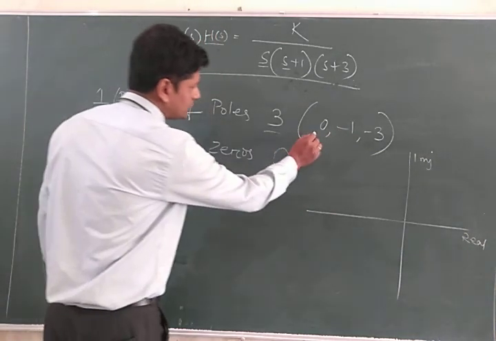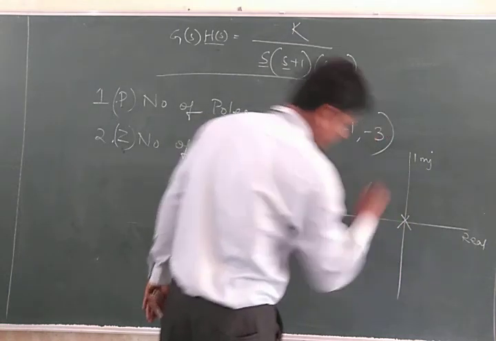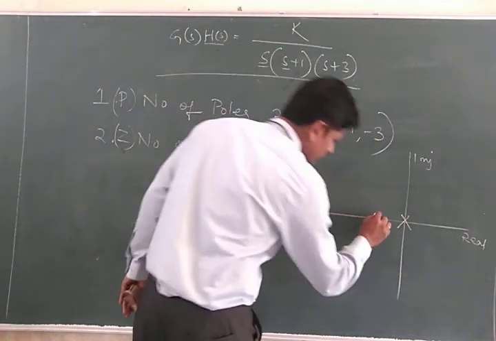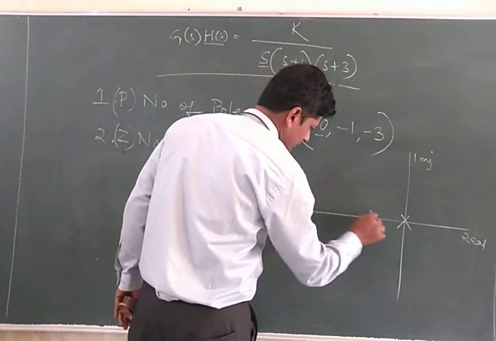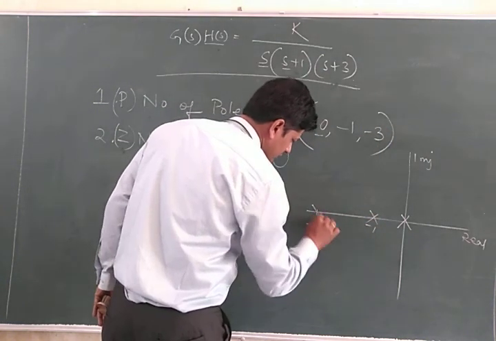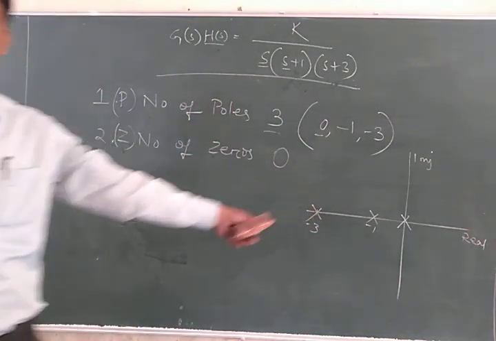So the first pole is 0, 0. A pole is always represented with a cross. Then -1, there is a cross, and -3. So 3 poles are there, no zeros present, so I am not marking zeros here.